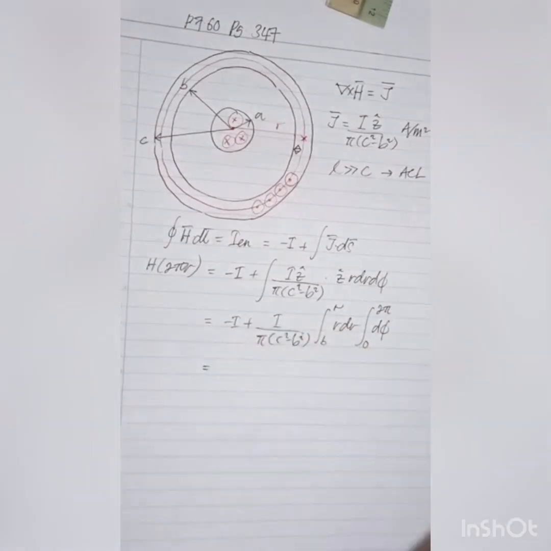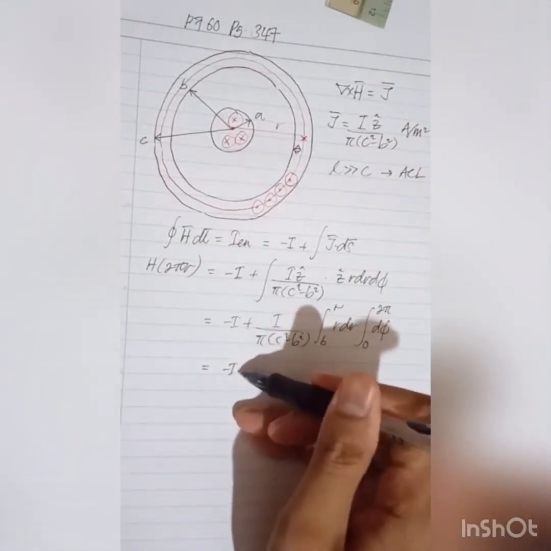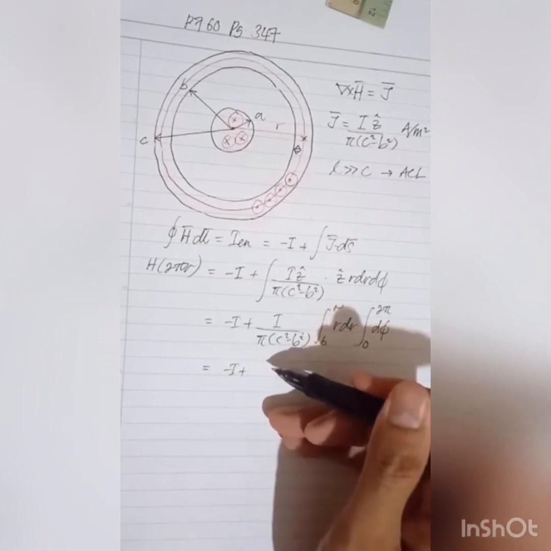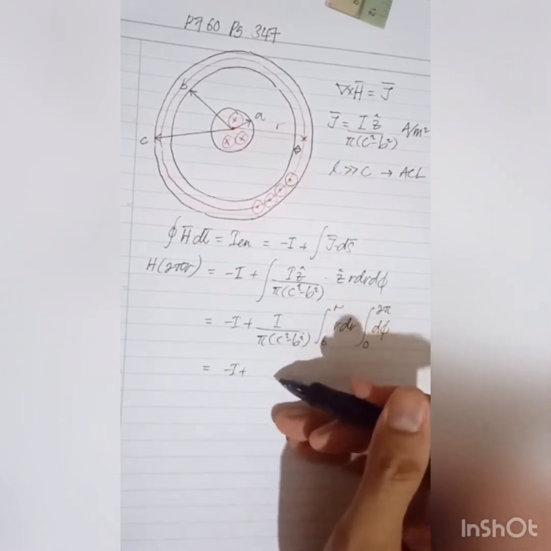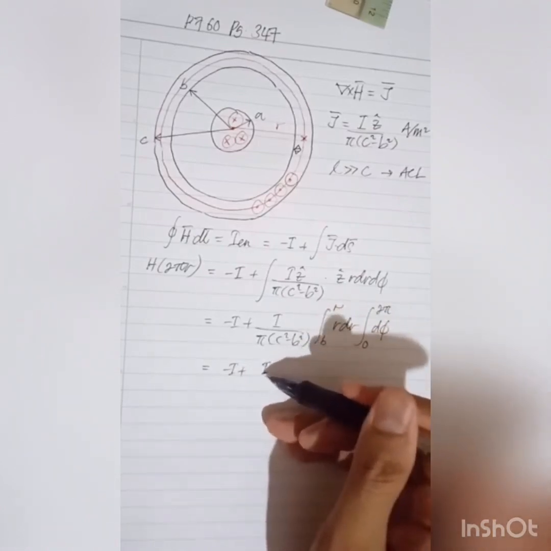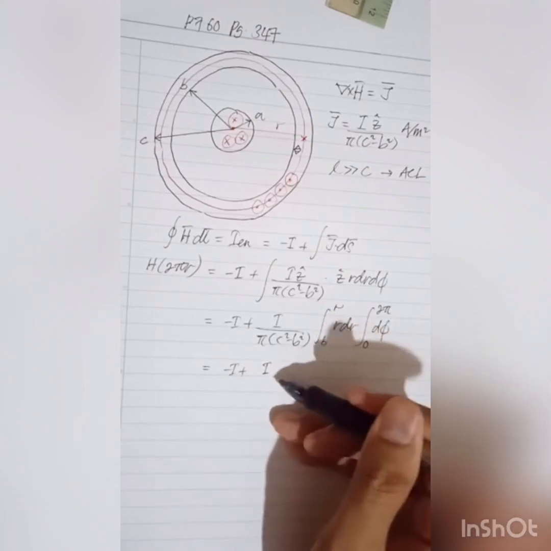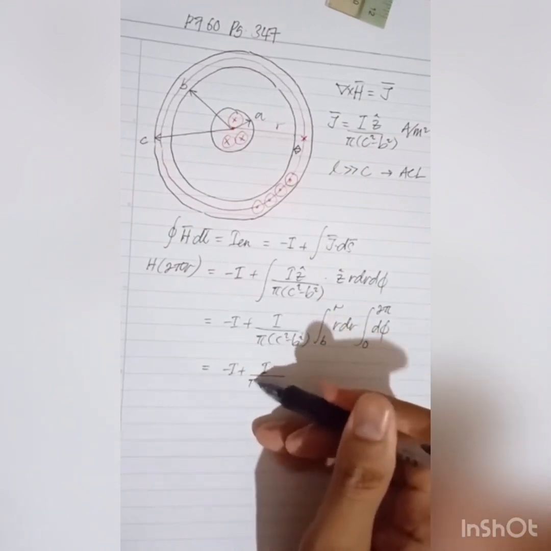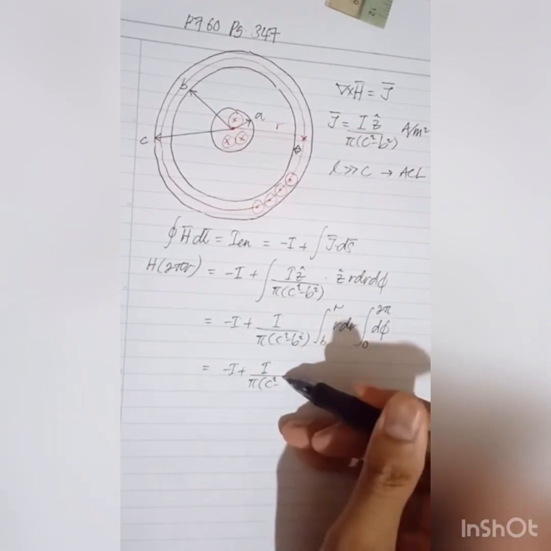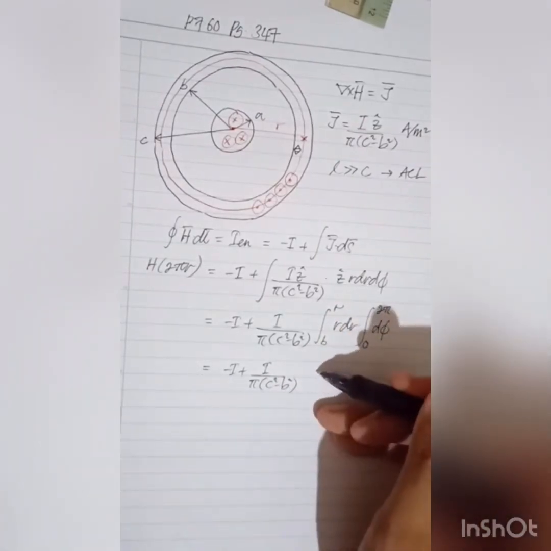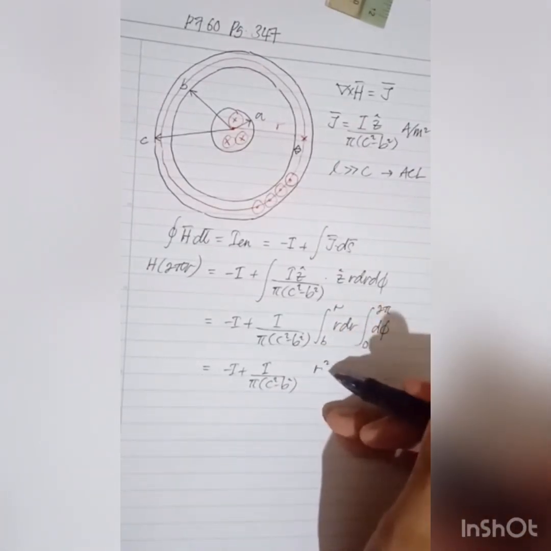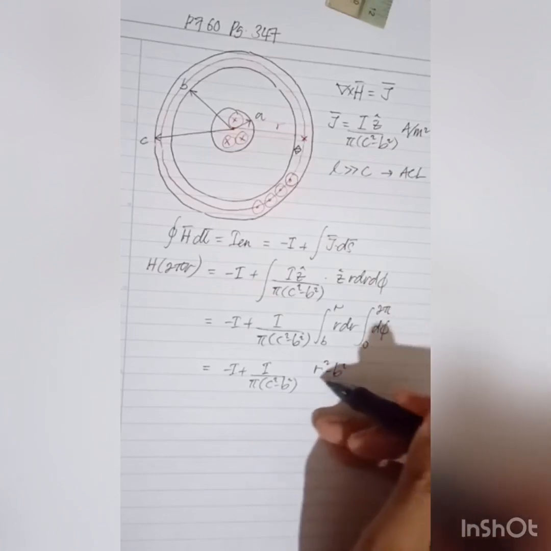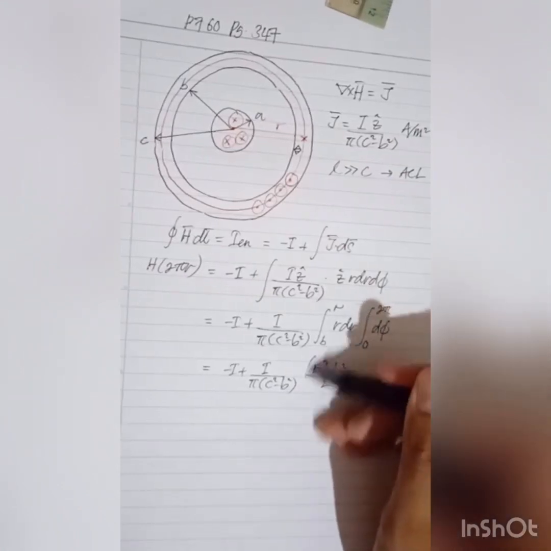We're going to have here negative I plus, you can find finally, the I over pi times c squared minus b squared. Now we have r squared minus b squared over 2.